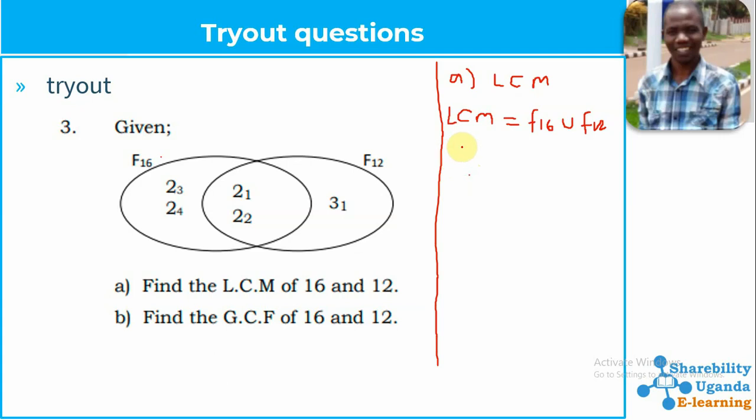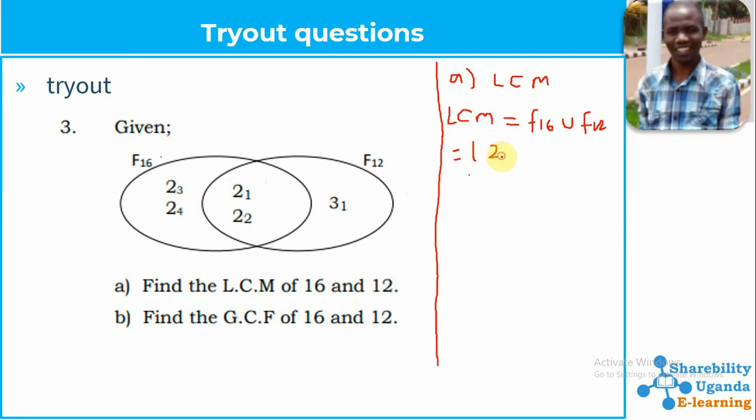So the union of these sets shall be equal to, let's list them one by one, in ascending order: 2^1, 2^2, 2^3, then 2^4, then 3^1.